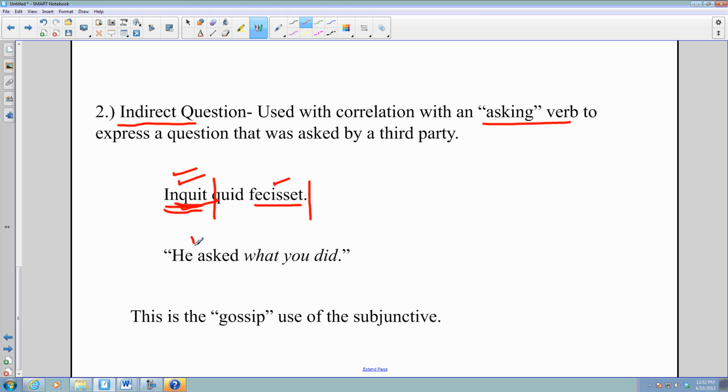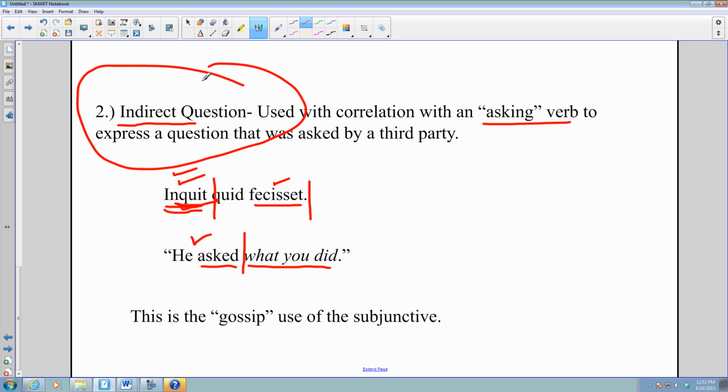That's why we have he asked and a paraphrased question, what you did. Now, what you had done would be just as good. Probably a better translation of that, what you had done.